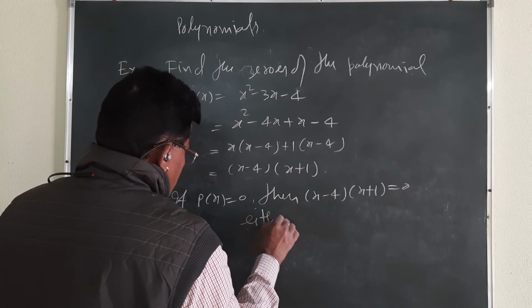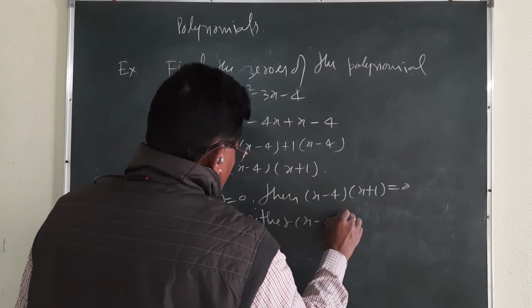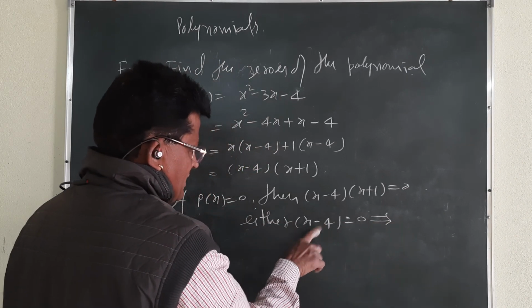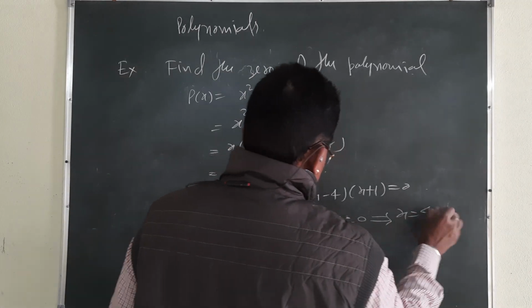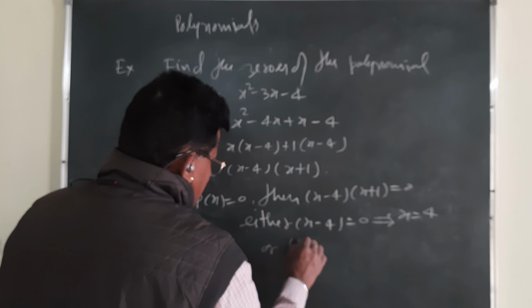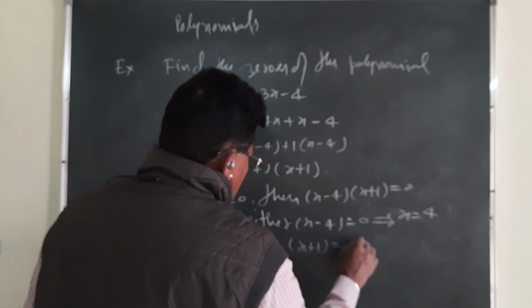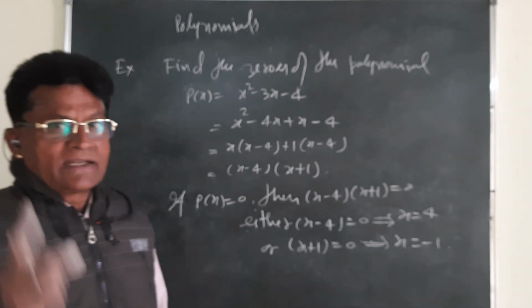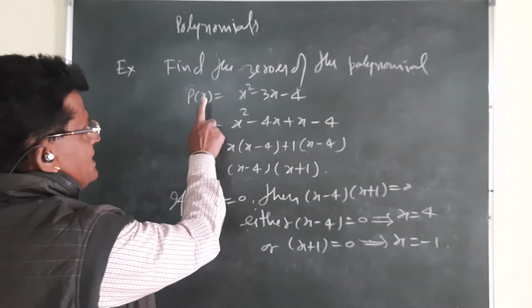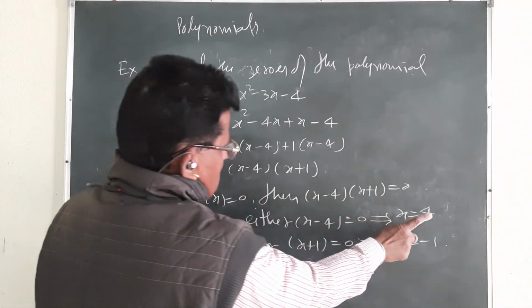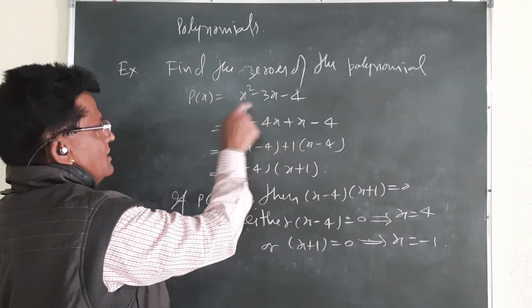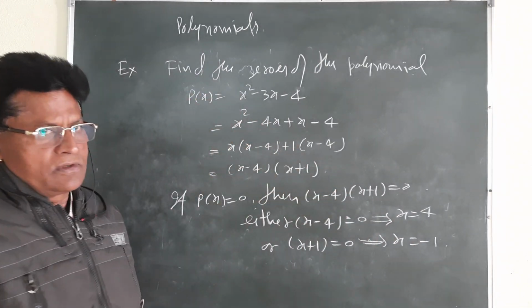Either x minus 4 will be equal to 0, which implies that you take 4 from the left side to the right side, x will be equal to 4, or x plus 1 will be equal to 0, which implies that x will be equal to -1. My dear student, I am telling you clearly, if in place of x you put 4 and minus 1, the value of p(x) will be equal to 0.